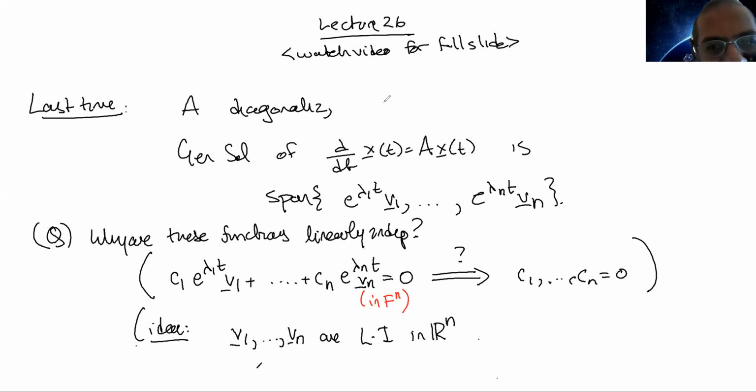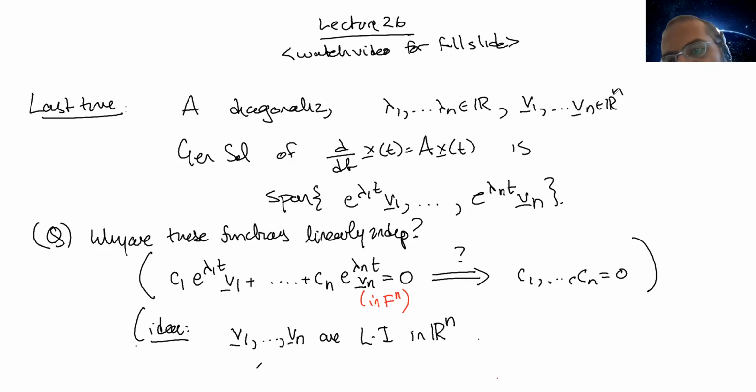So remember, these are the eigenvalues, the corresponding eigenvectors are this, and they are linearly independent. We know that, but why does the linear independence of these vectors imply linear independence of the functions? That's what I'm asking. This statement here is a linear independence in Rn. Why does this imply linear independence of the functions?